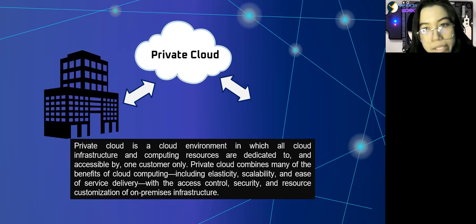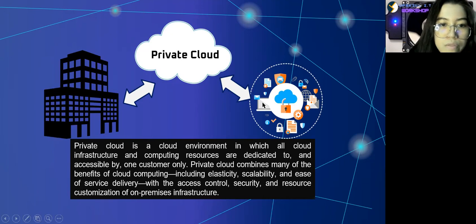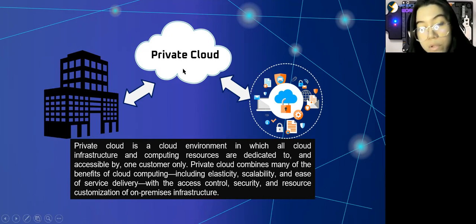So basically, it is only for the organization itself and the people that are authorized to have access to their cloud, their data, and their resources. That's basically how it is.